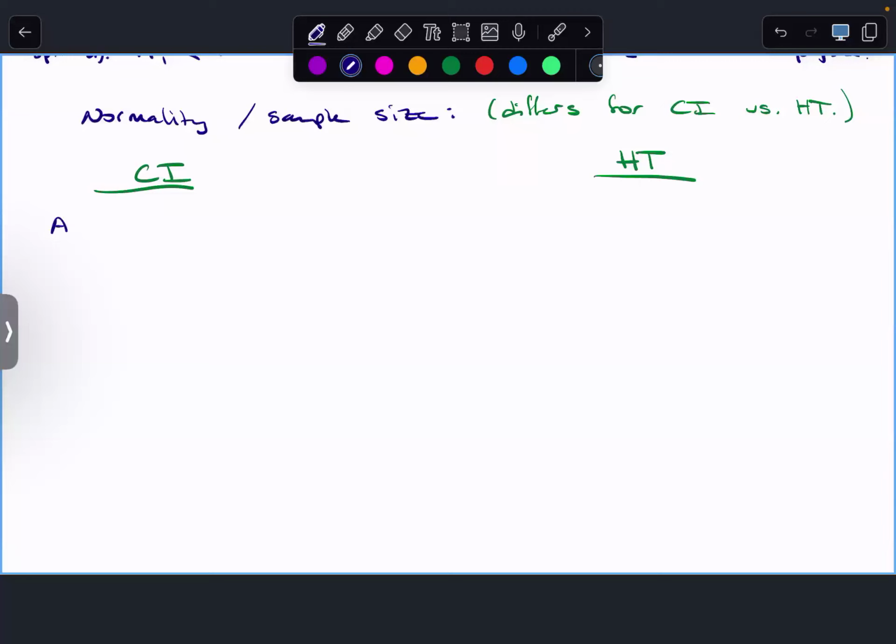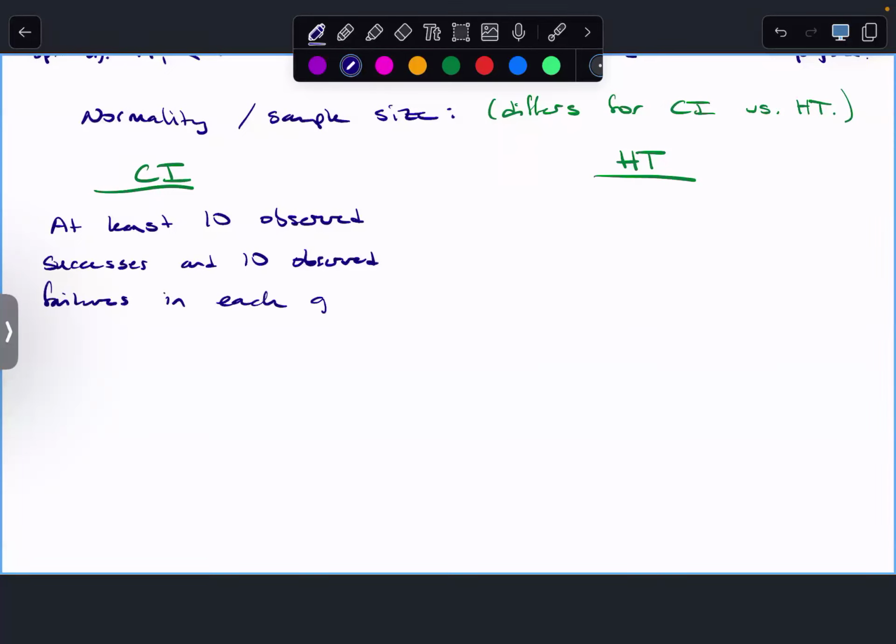And so we have to have at least 10 observed successes and 10 observed failures in each group, or in each sample rather.